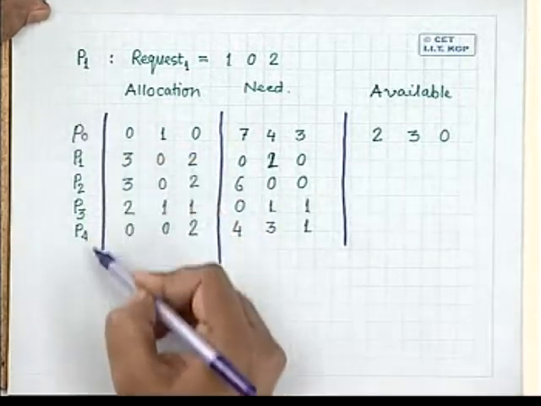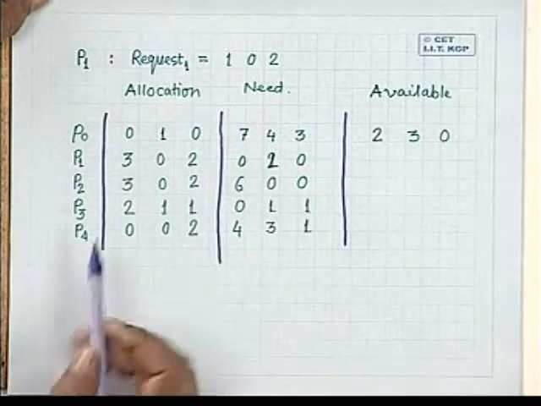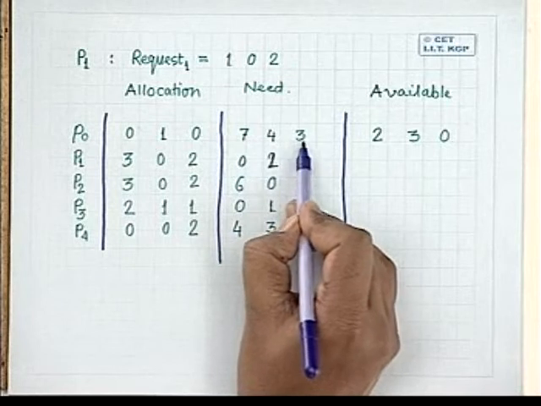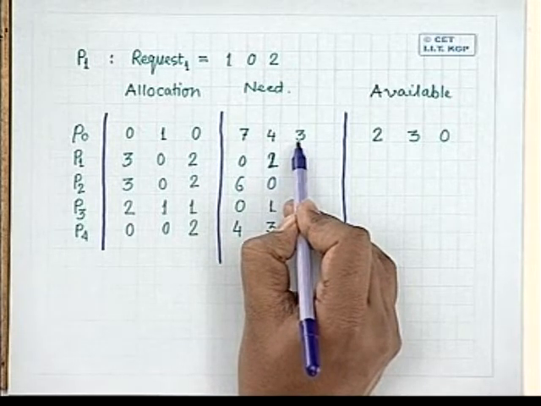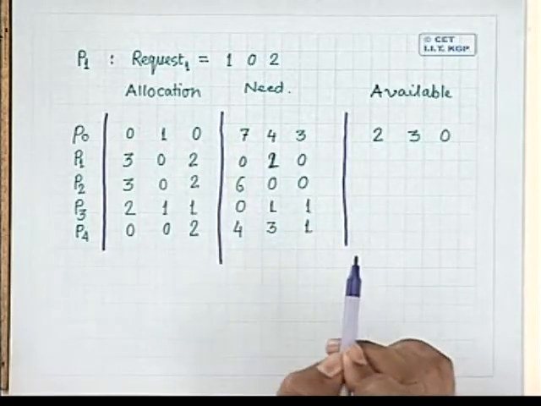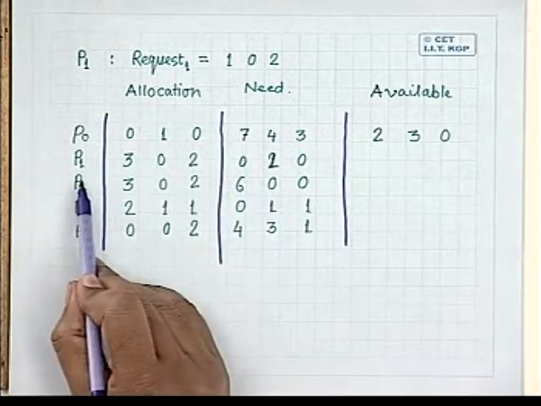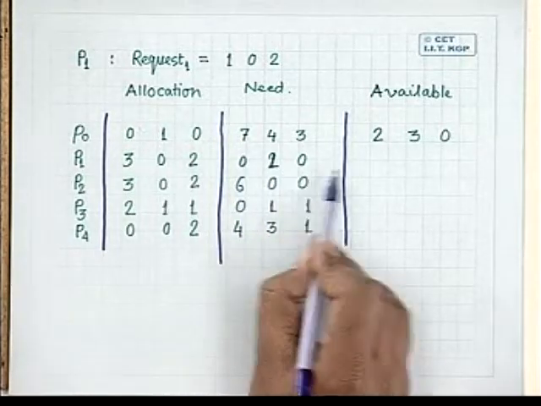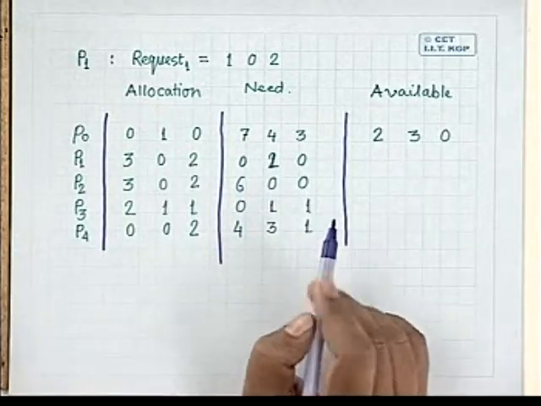So again we check. First you see process P0. The future need of process P0 is 743. Okay. Available is 230. So P0 cannot be completed. For process P1, future need is 020. Available is 230. So P1 can complete.